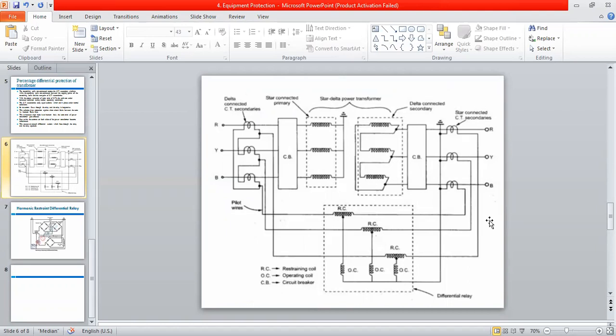So in this way, your CTs are connected in series, and these are connected by using these pilot wires.